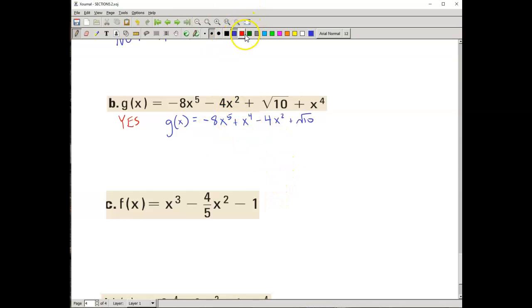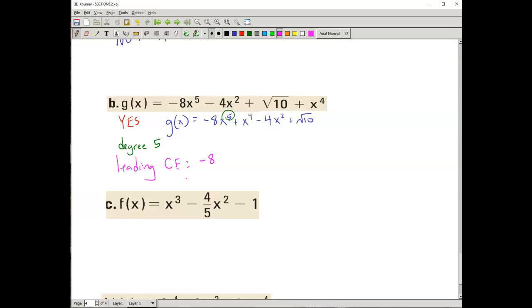If you look at the type of polynomial here, the largest exponent is a 5. So in that list that we just had, I don't think it has a special name. We're just going to call it a degree 5 polynomial. And the leading coefficient is just negative 8.